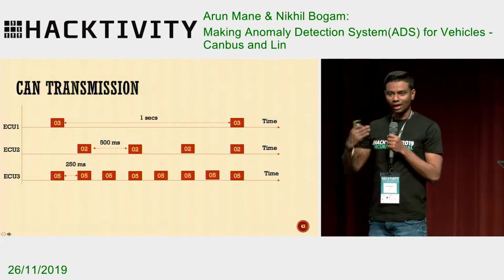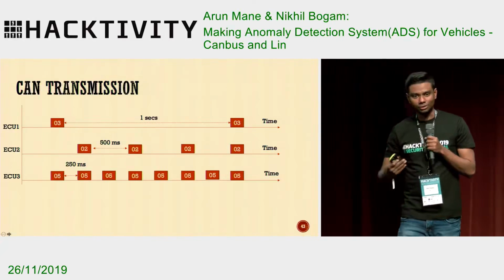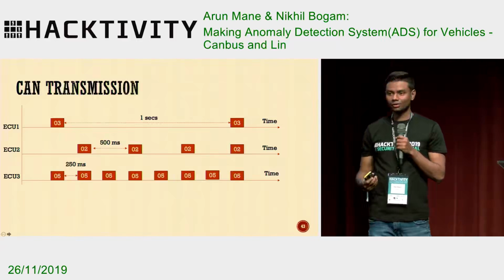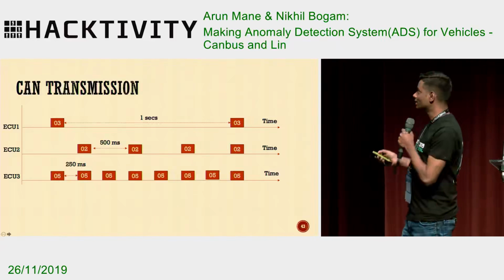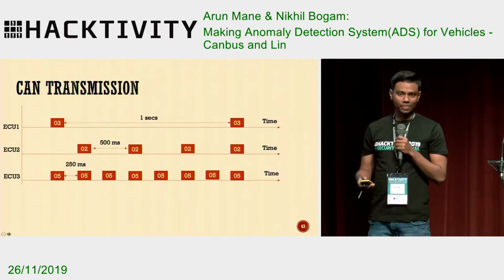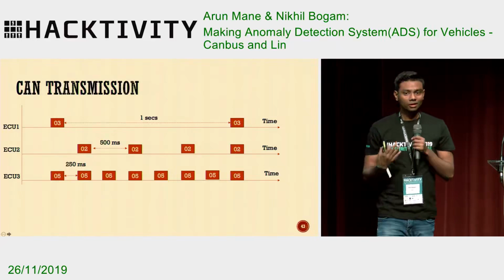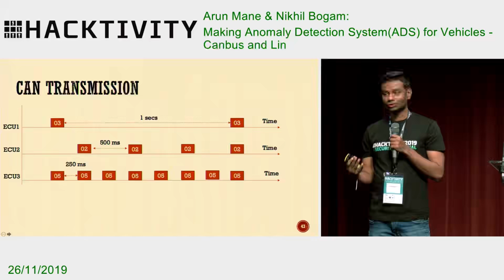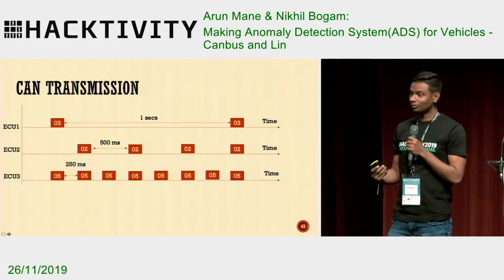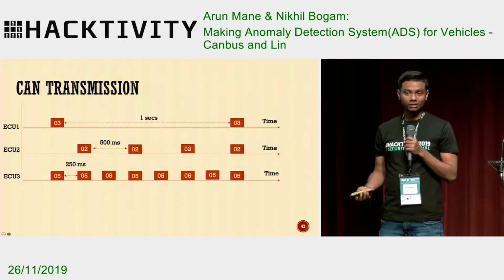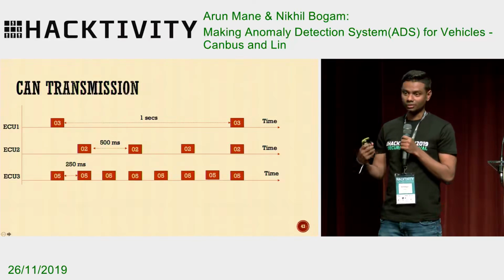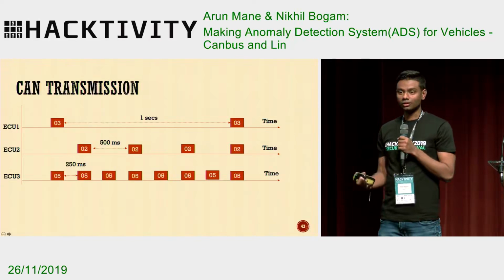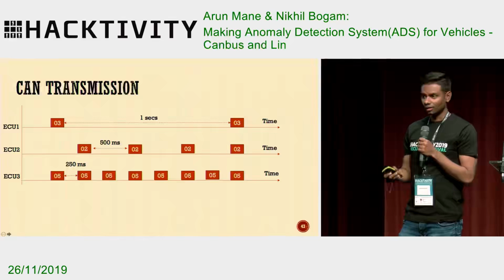It's not like that. Every 100 milliseconds, or 500 milliseconds, or 1 second, these packets are sent by an ECU. If you ask me how many such ECUs are there sending messages frequently, I would say more than 90 ECUs, and maybe more than 90 in the coming years.